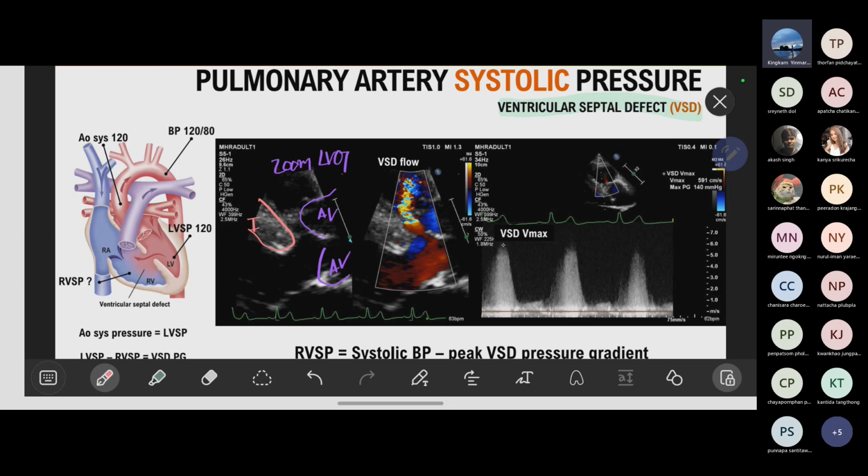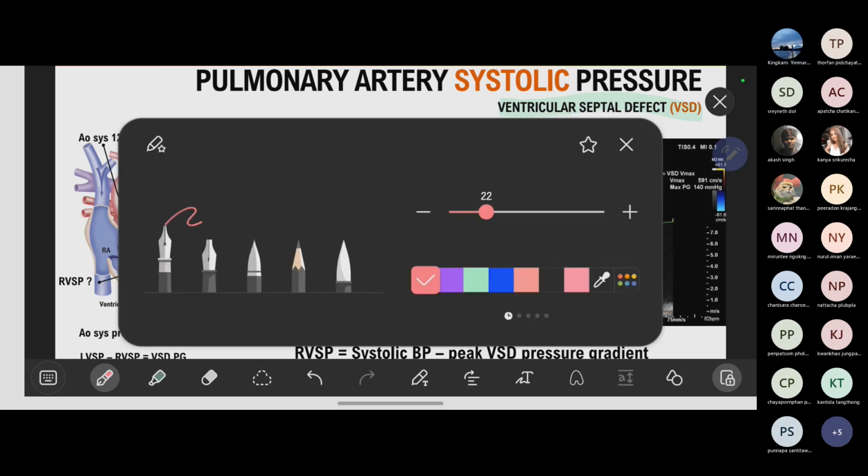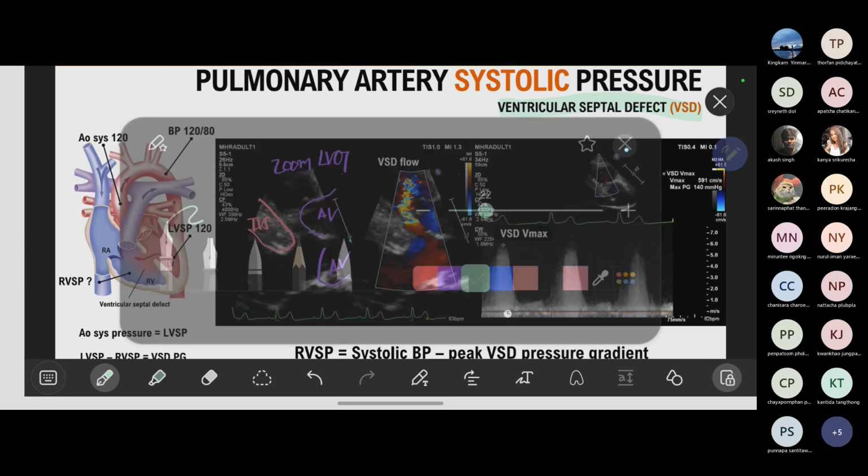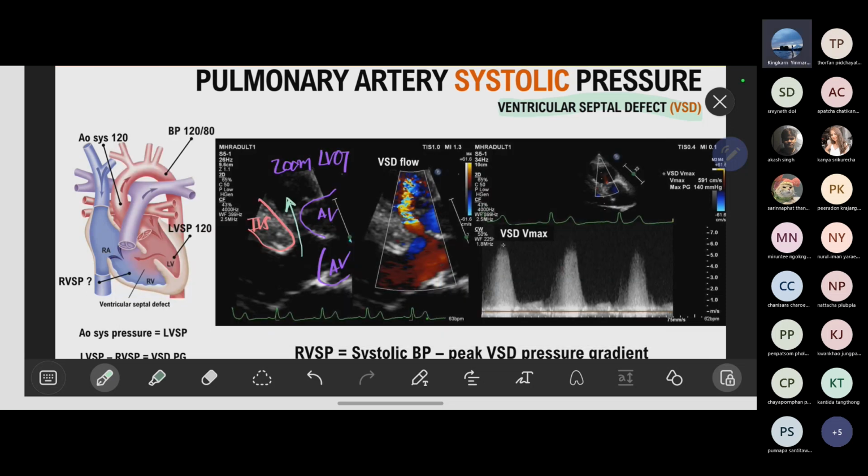And this is the defect, VSD. And this is VSD flow across the interventricular septum.